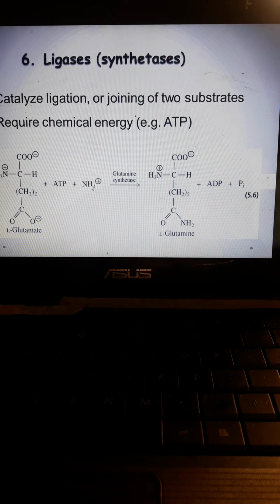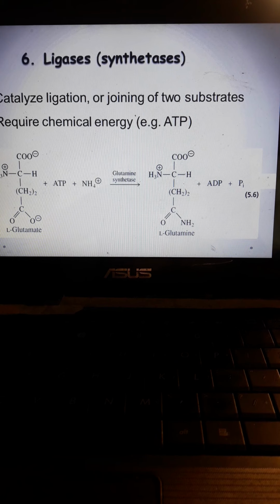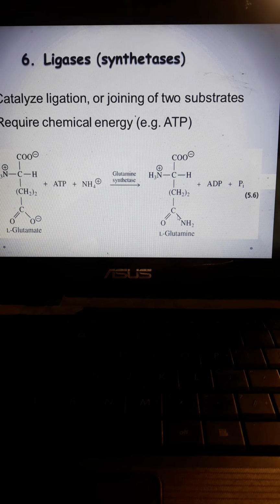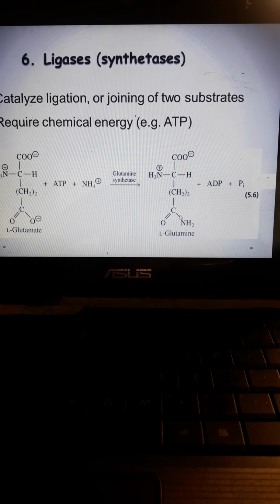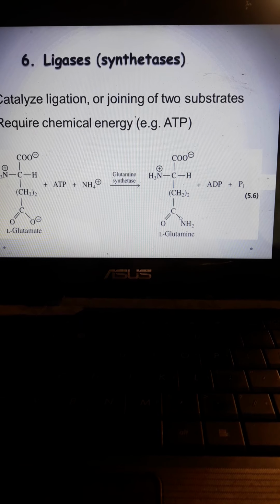There is addition of the amino group, and at the same time it requires energy in the form of ATP. The amino group is added to the first carbon atom.